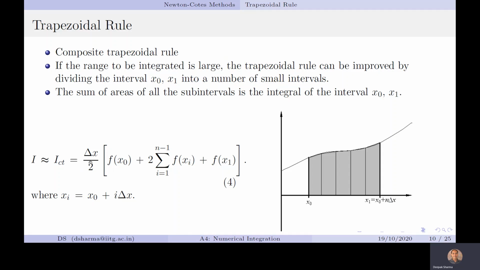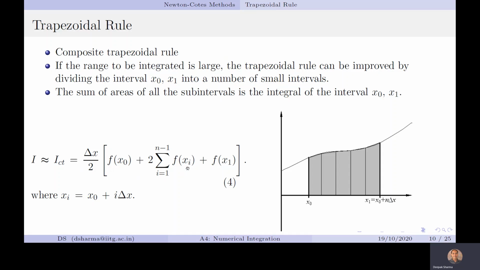N will be the number of intervals or steps we want. In the bigger bracket inside, you can see the function value at x0 plus function value at x1 plus 2 times the summation of f of xi. And this summation is from i equal to 1 to n minus 1.